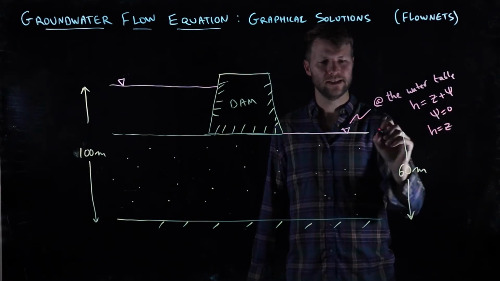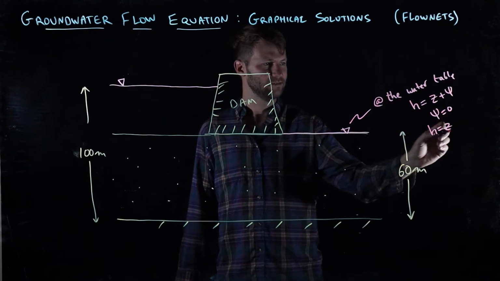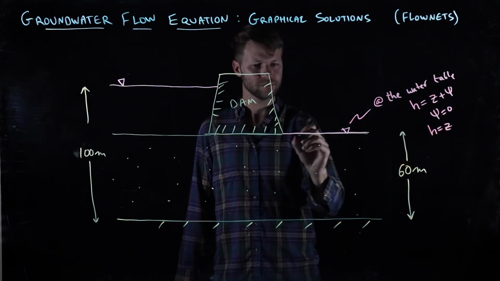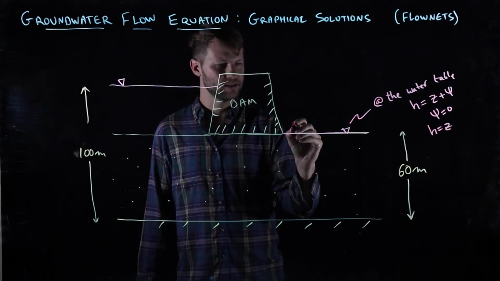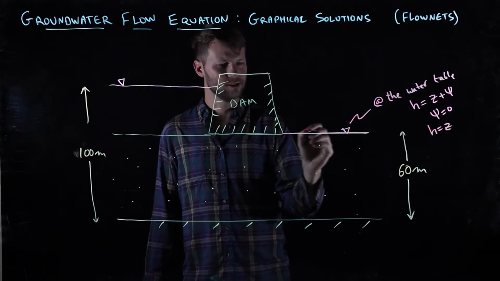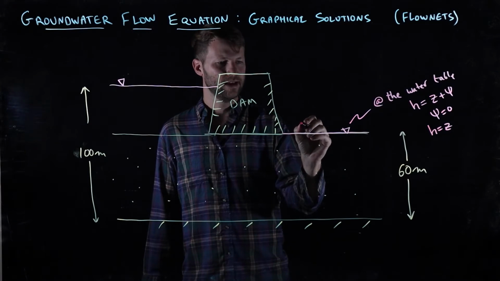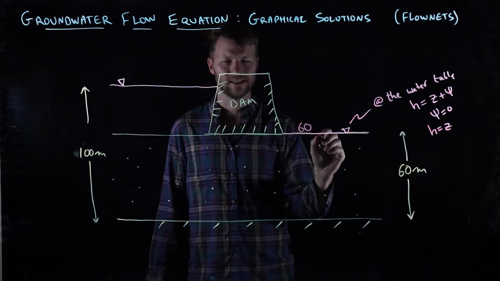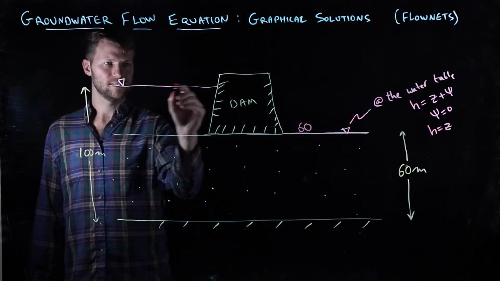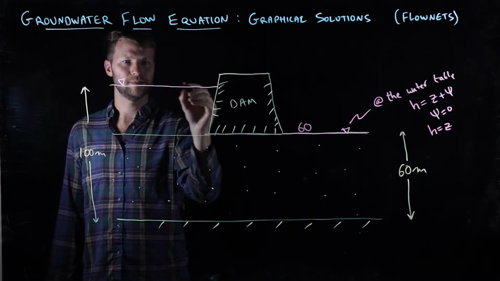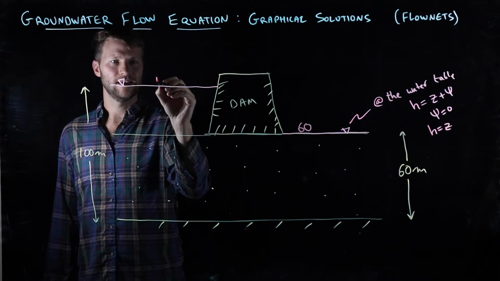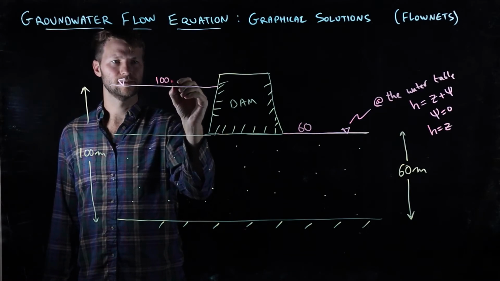And so we know that the hydraulic head here is everywhere equal to the elevation. And therefore this is a constant head boundary. Specifically, it's an equipotential line of head, and its value is going to be 60. Over here, it's the same thing. This is a constant head boundary. We can describe it as being an equipotential line. And the head here is going to be 100 meters.